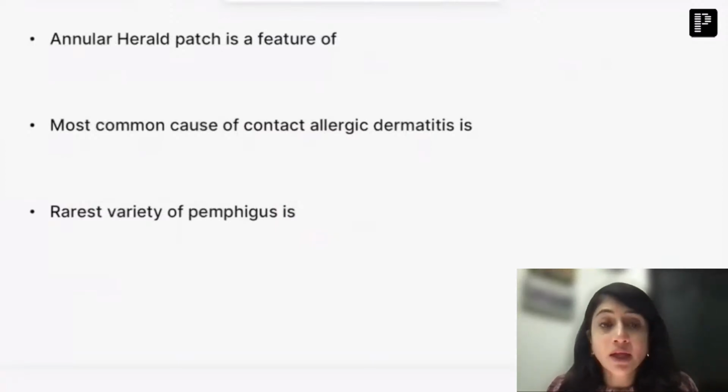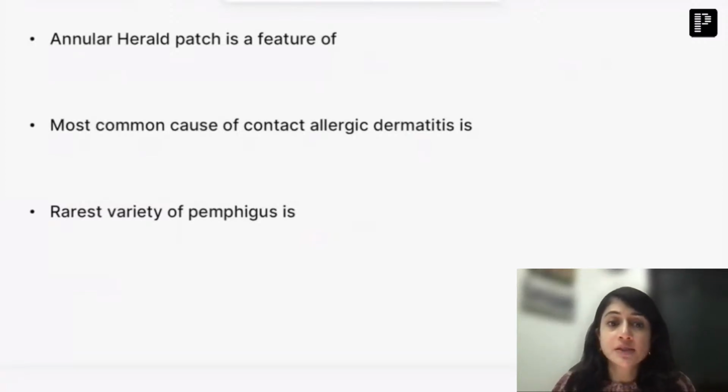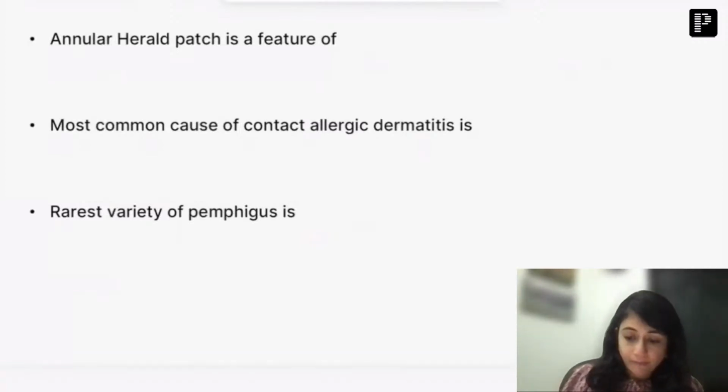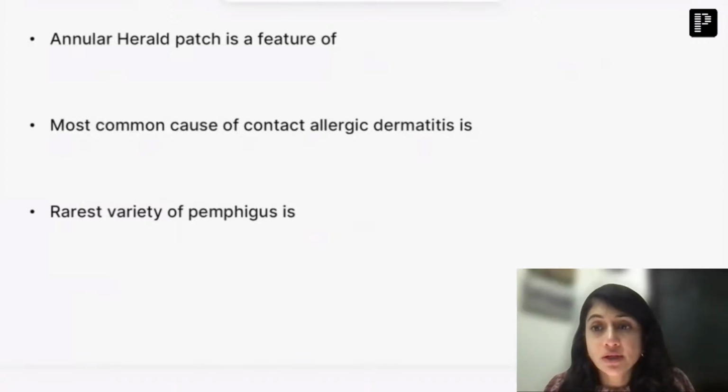Next question. Annular herald patch is a feature of what? The most common cause of contact allergic dermatitis, and which is the rarest variety of pemphigus. Where do you see herald patch?